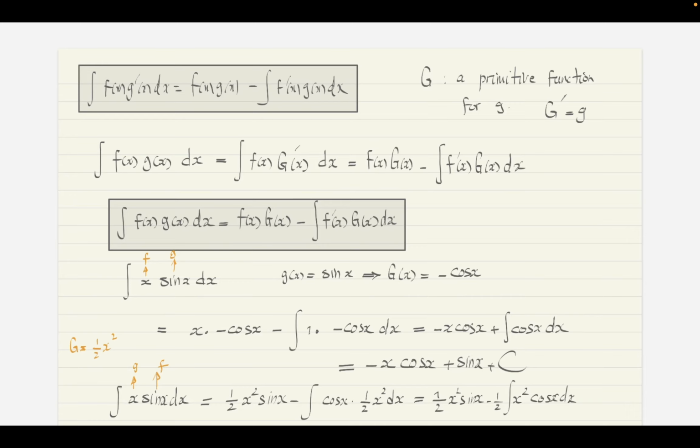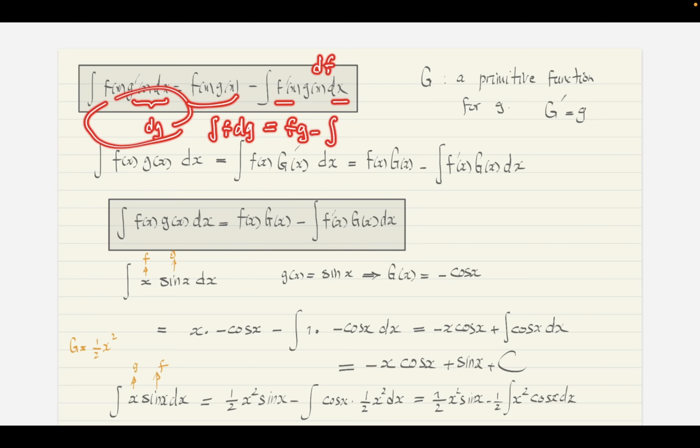Okay, so this is one way of dealing with the formula of integration by parts, but I also prefer to do it in another way. So for example, we can write it like this. This is common, that people call this one dg, for example, and then this one df, and then the left hand side becomes integral of f dg, then it becomes f times g minus integral of the other way around, g df.